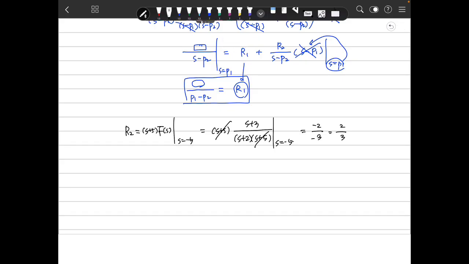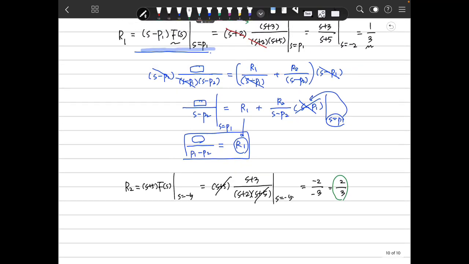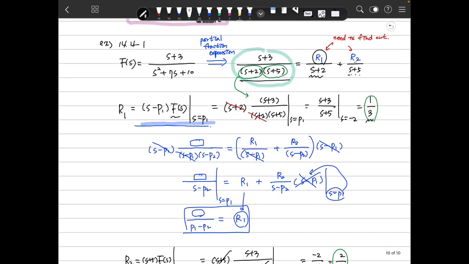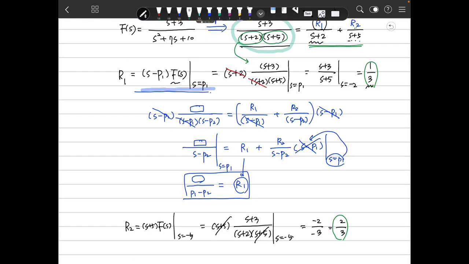So we get R2 and R1. So this is the final form here.